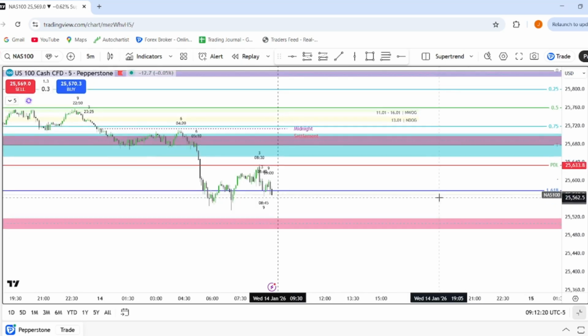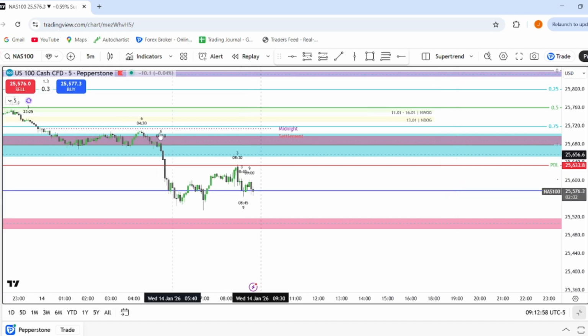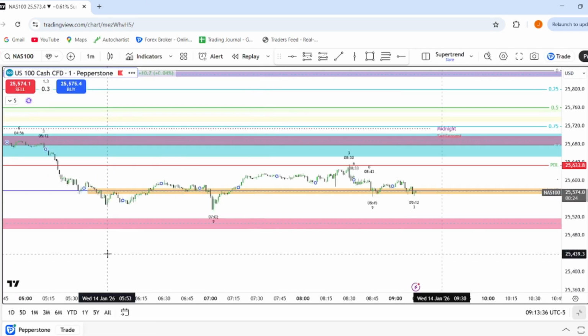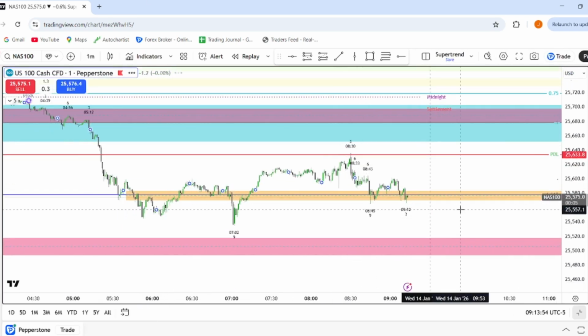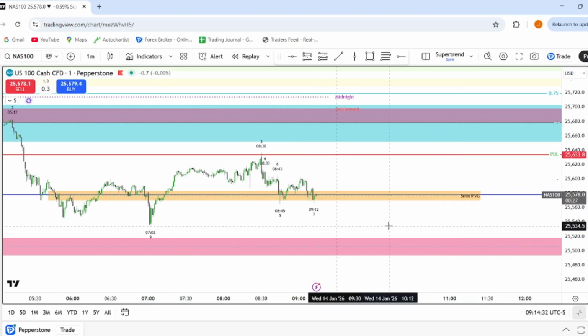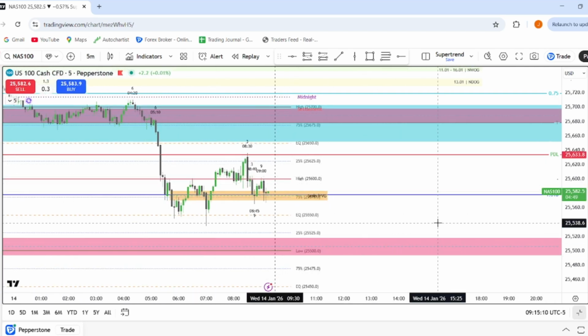Okay, so I'm now going to just talk through my analysis and tape reading ahead of the 9:30 open. So I'm first of all looking at this 5 minute fair value gap and stretching it out, and you can see how price is bouncing off it a little bit, seeing if it's going to stay as an inverted fair value gap.